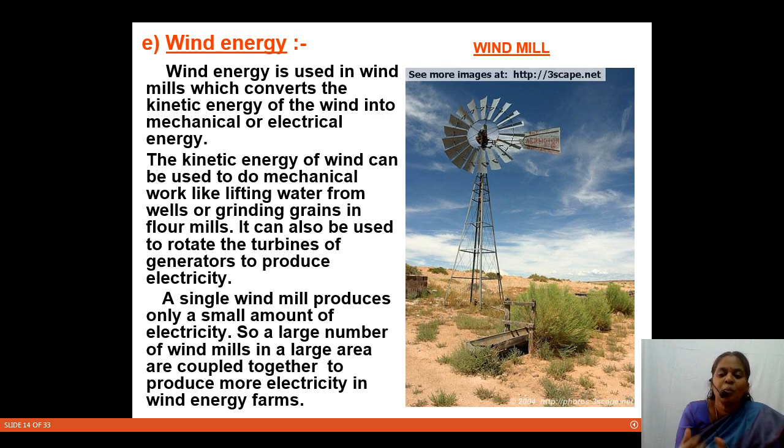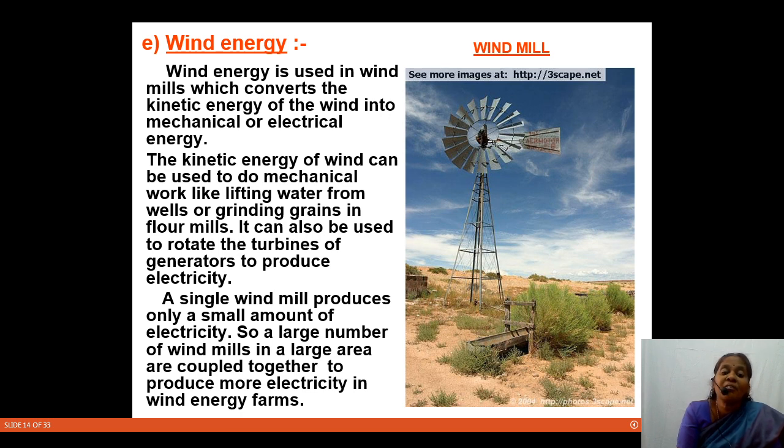The moving air produces wind which rotates the wings of the windmill. So the kinetic energy of wind gives mechanical energy, and inside the generator, electrical energy is produced.